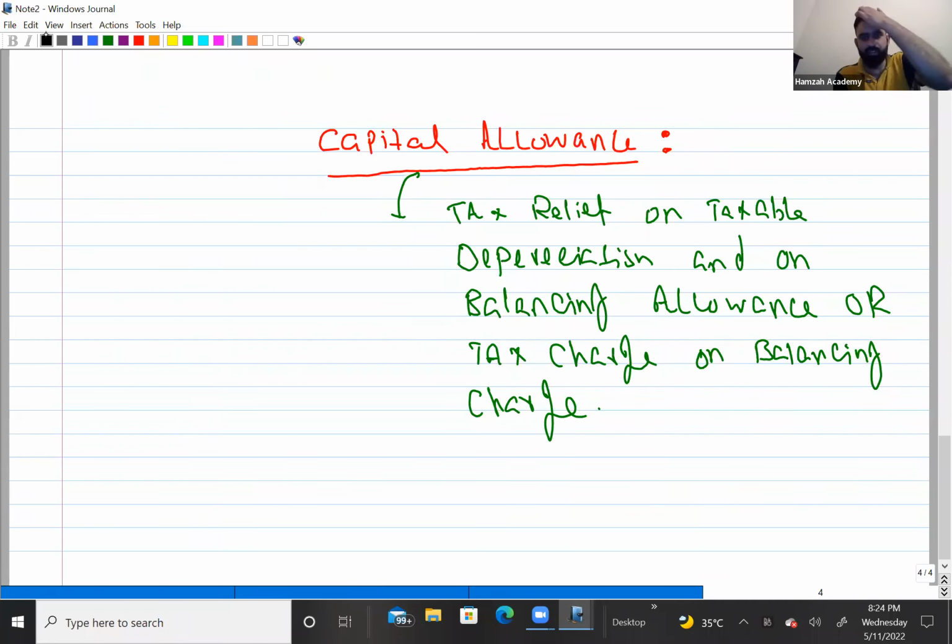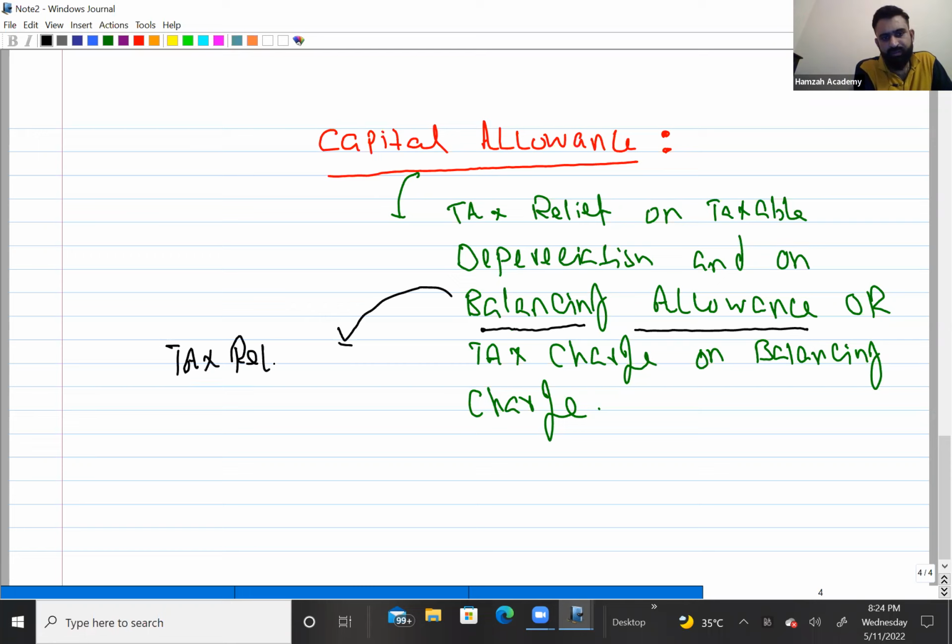What is balancing allowance? Can anyone describe the balancing allowance? Balancing allowance means tax relief on loss on disposal.